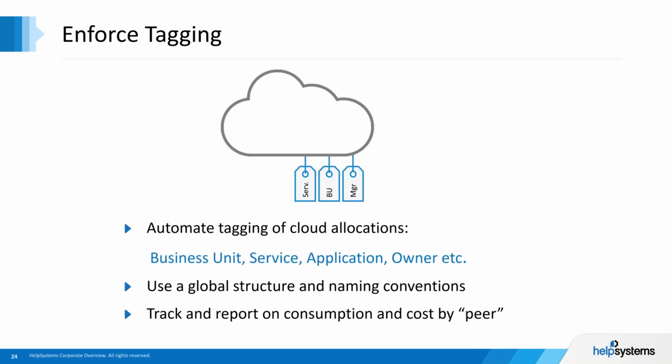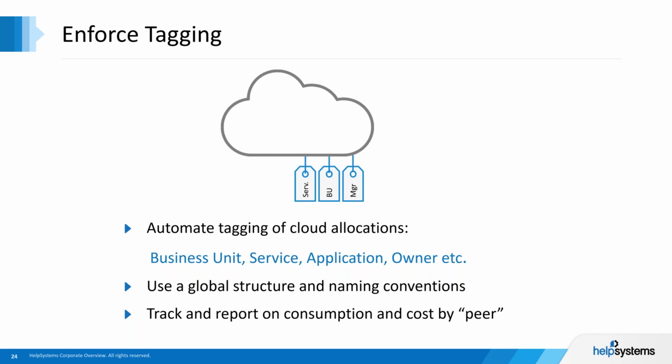You need to enforce tagging, so you need to tag resources with business unit, service, application, owner, etc. If you don't do that, it's going to be really difficult to follow up on cost, and you can't track and report on consumption and cost by peer, whatever that peer is, a business unit or a specific application or service.